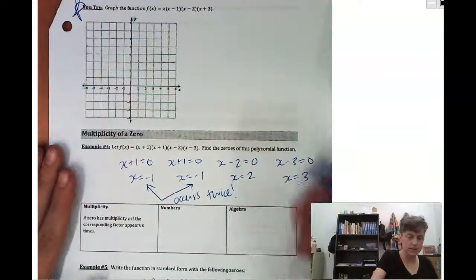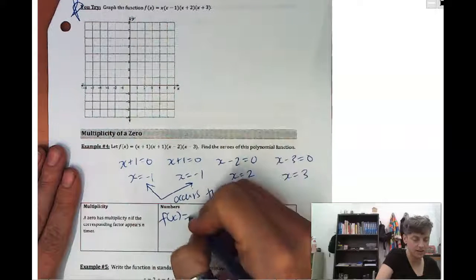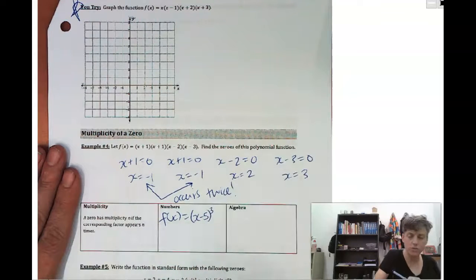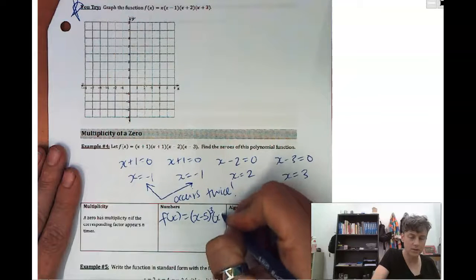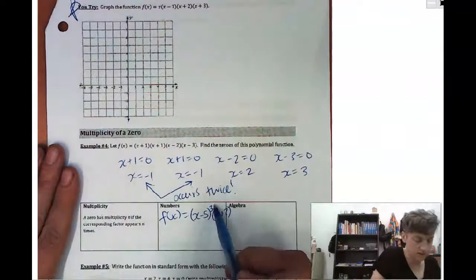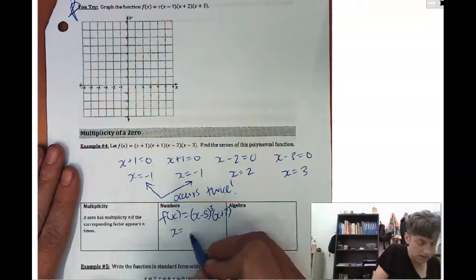So let's write this with an example with some numbers. Let's say f of x equals (x minus 5) cubed times (x plus 3). We would say this 0, if we set this factor equal to 0 and solved, we'd get x equals 5.